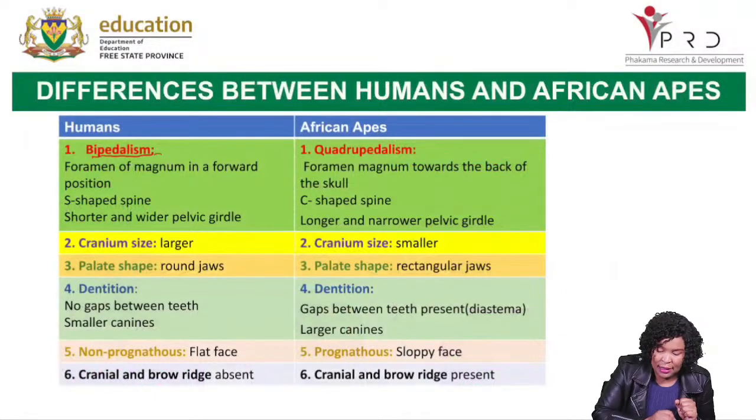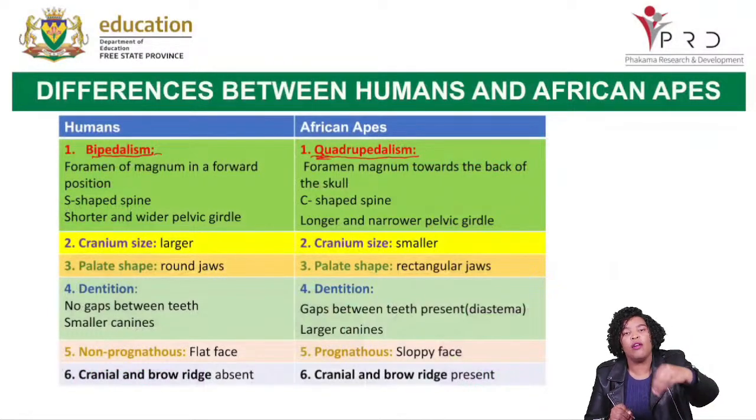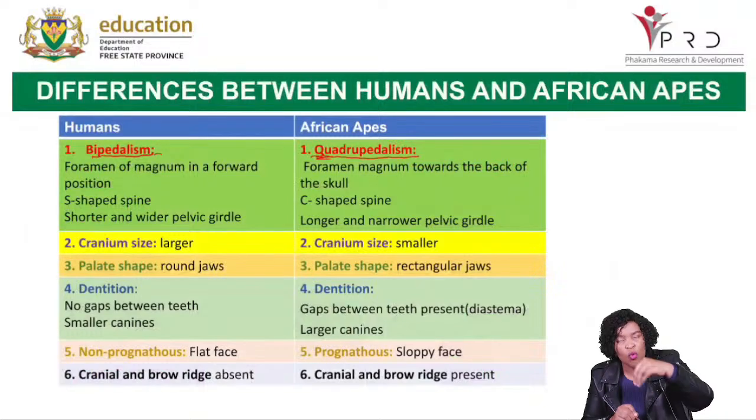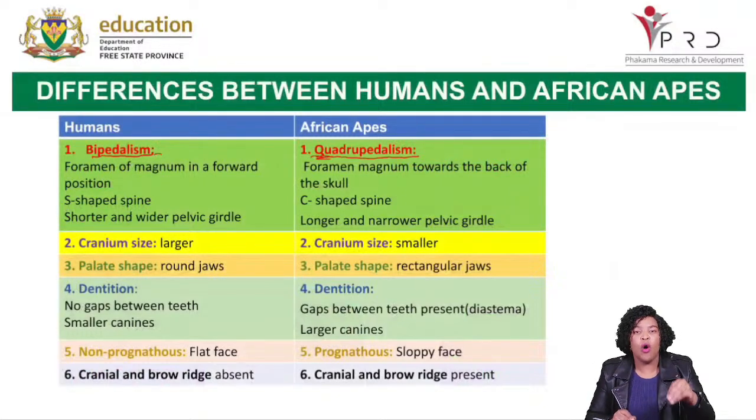Humans are bipedal. African apes are quadrupedal, or they have quadrupedalism, meaning they walk on all 4 limbs. And then humans, they walk upright using the hind limbs, meaning the legs.